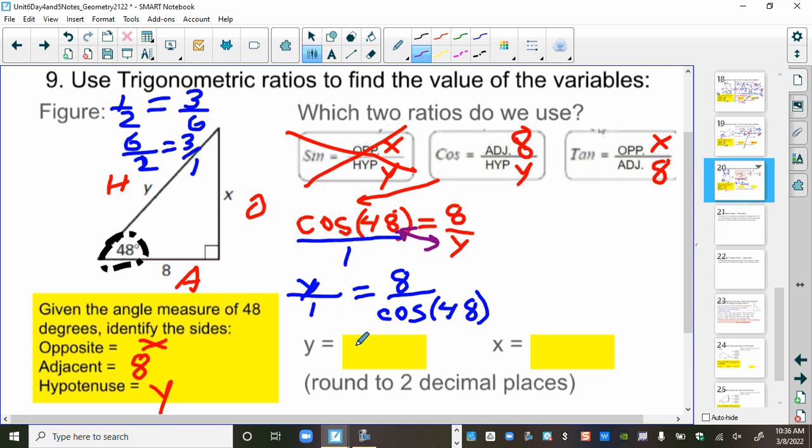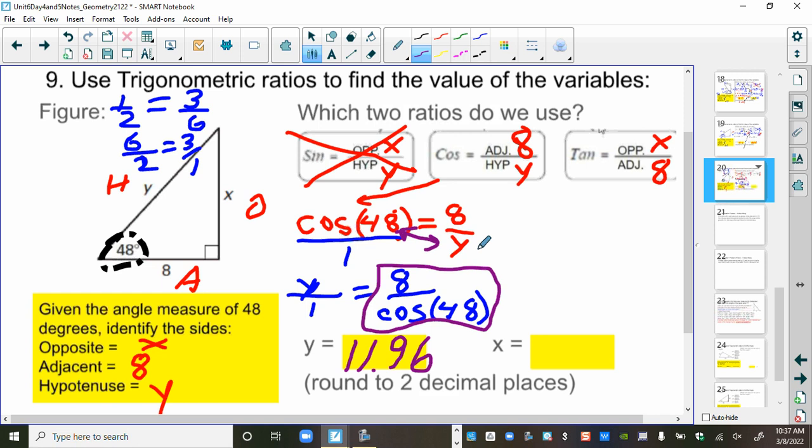Yeah, that's what you're going to get. Because if you just divide these two. Boom, you're done. That's all you have to do.